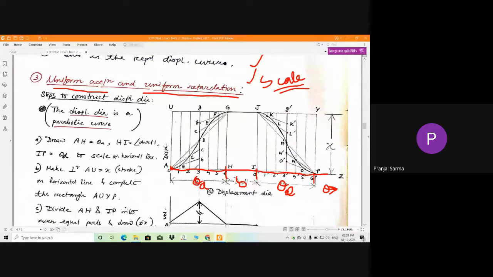Now considering the lift or the stroke, we are going to draw a vertical line here, and we are going to complete this particular rectangle. I hope it's clear.